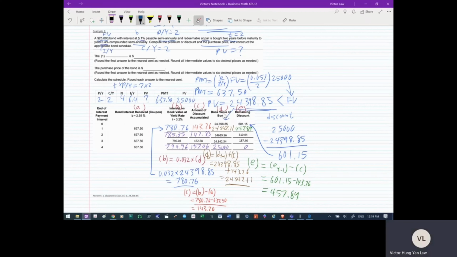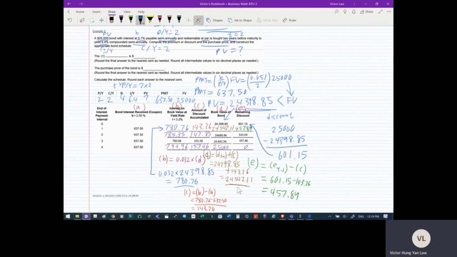Next, we have column D, the book value of the bond. We calculate it by taking the previous amount and adding column C. At time 0, our column D is 24,398.85, and column C is 143.26. We add those two numbers and you get 24,542.11.